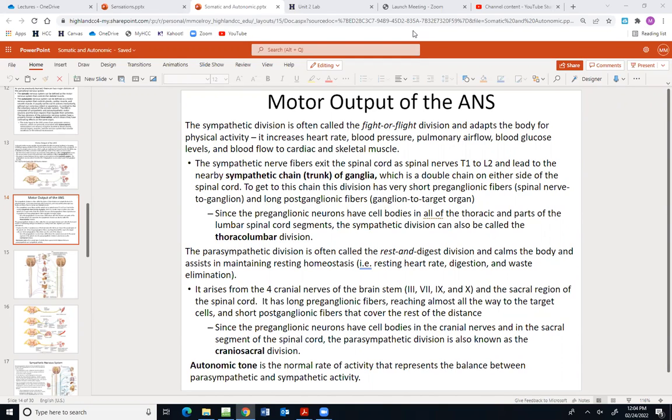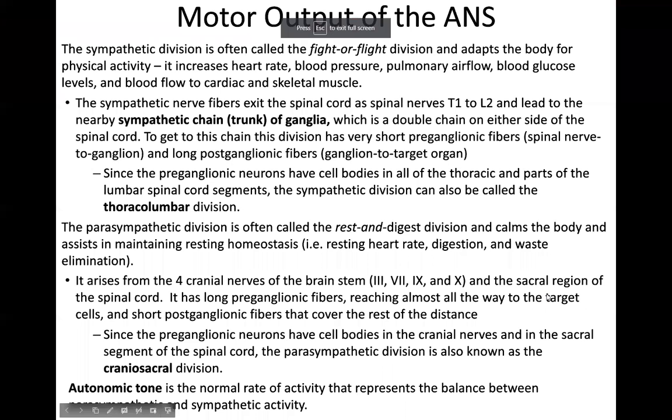Okay, so thinking back to the other day, we were talking about the two divisions of the autonomic nervous system, providing us with motor output signaling to things like cardiac muscle, smooth muscle, and glands, which we'd already talked about back at the beginning of the unit.